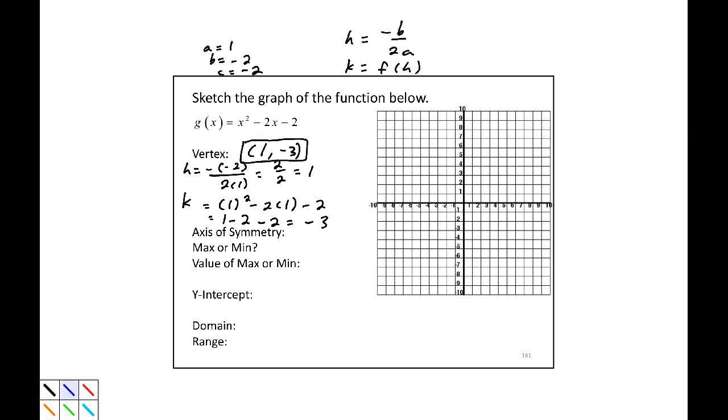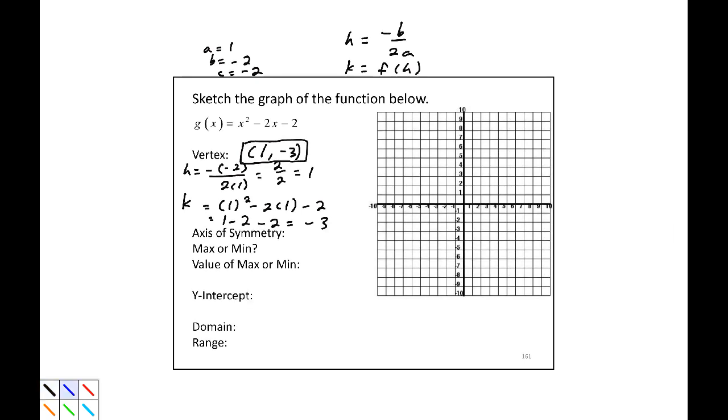Let's go ahead and put that point on my graph. The axis of symmetry is at x equals 1 based off of my vertex. To tell if it's a maximum or minimum, I have to notice that my a value is 1, so this opens up.